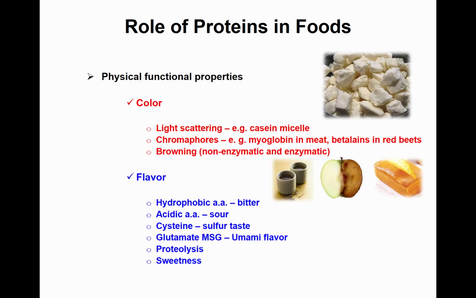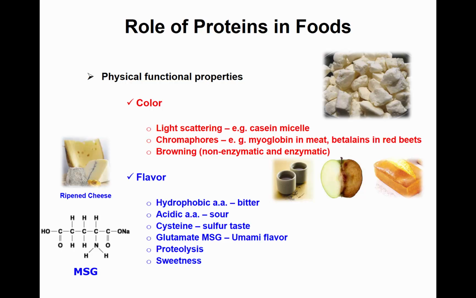Cysteine, a sulfur taste. When you have a protein high in cysteine, that will give you a sulfur taste. Glutamate, monosodium glutamate, has an amine group. It's a glutamic acid basically with a salt. This gives you the umami flavor, savory flavor.